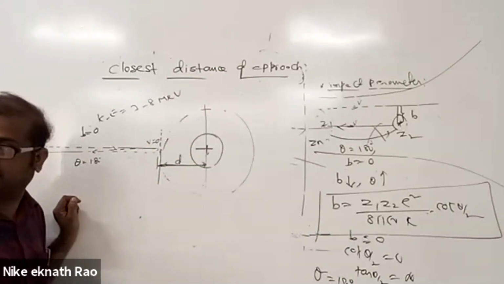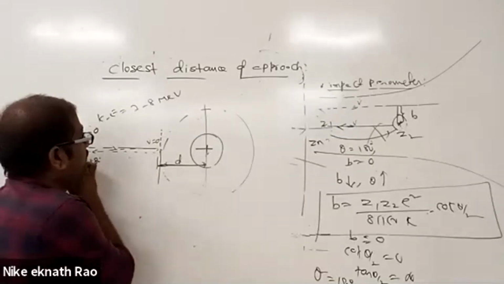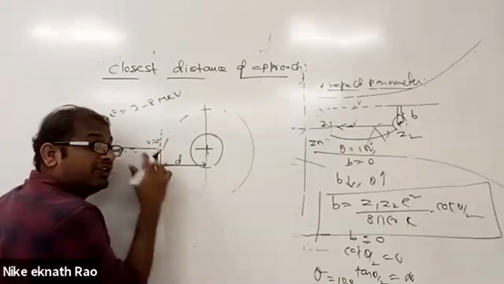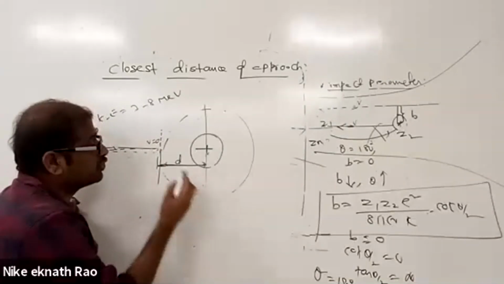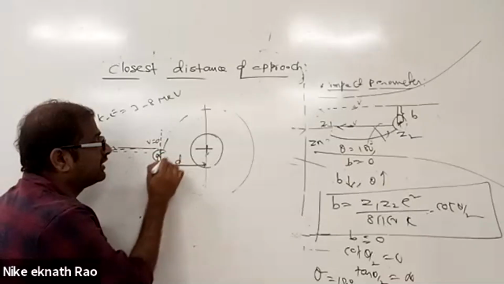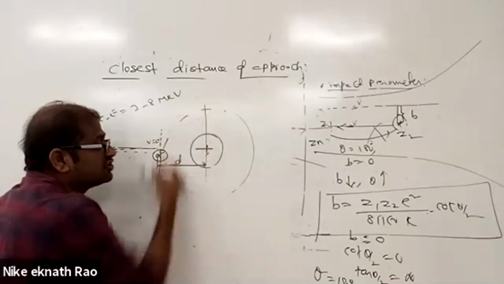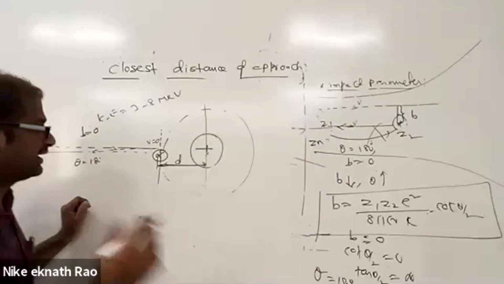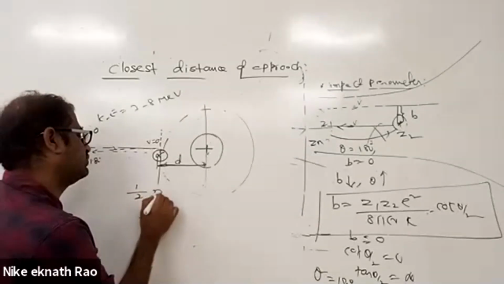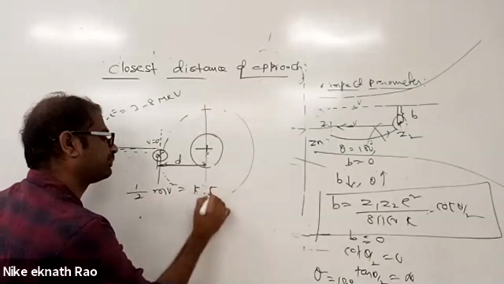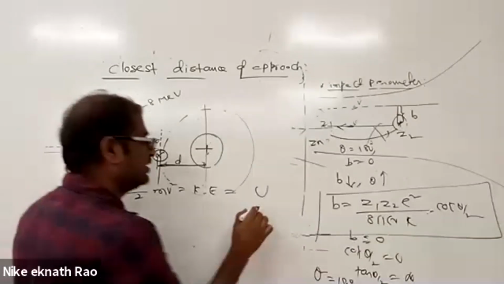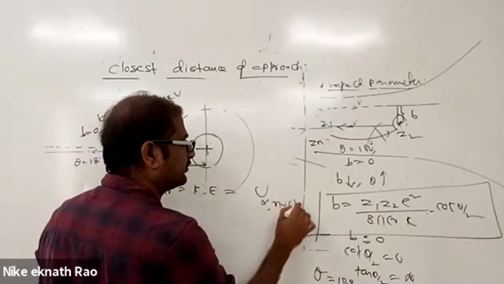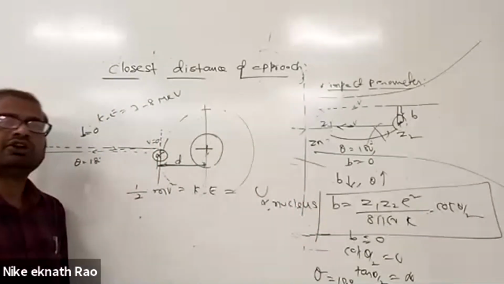By energy conservation, where is the energy going? The kinetic energy of the fast moving alpha particle is converted to potential energy of the alpha particle and nucleus system together.